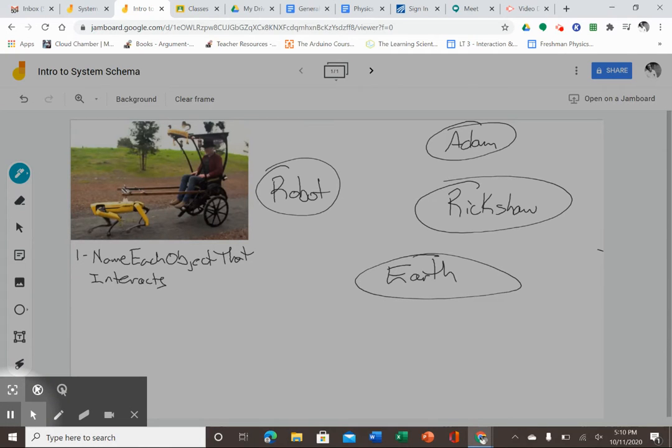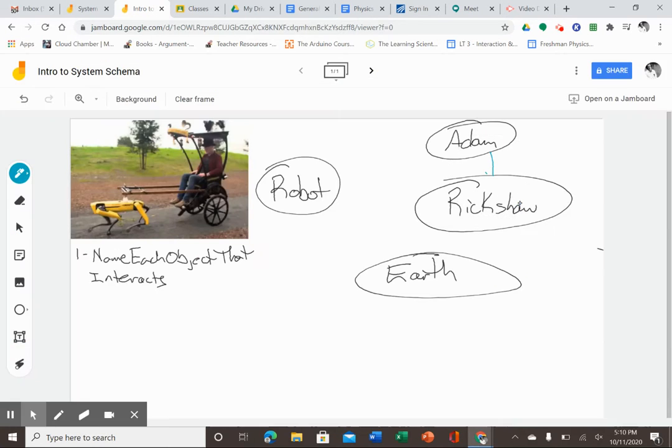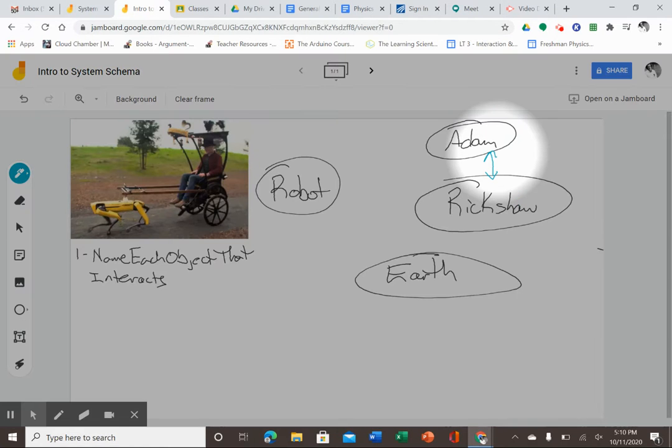Now I'm going to identify which objects interact through contact. So not everything is in contact with everything else. If I start off with Adam up here, is he in contact with the rickshaw? Yeah, sure, you betcha. So Adam in contact with the rickshaw, a solid double-headed arrow there. Is Adam in contact with the earth?